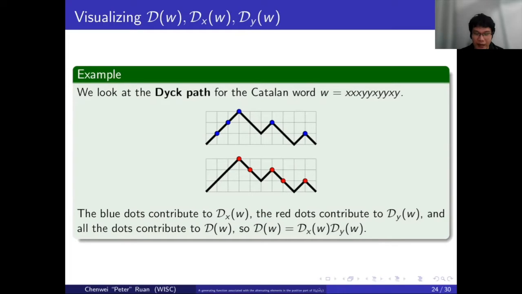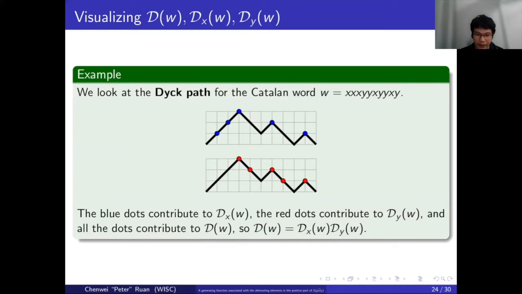Each x corresponds to a step going upwards, and each y corresponds to a step going downwards. We display our Dyck path as on the screen, and these blue dots on the first graph contribute to \hat{d}_x(w) by definition. The red dots on the second graph contribute to \hat{d}_y(w). And all these dots will in the end contribute to \hat{d}(w).